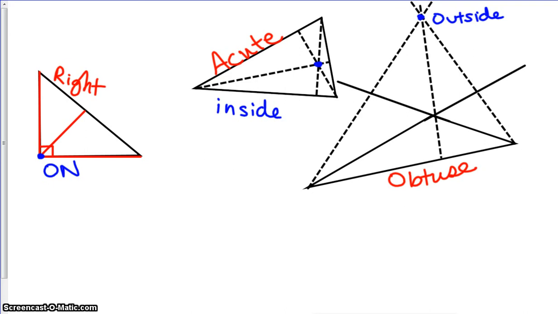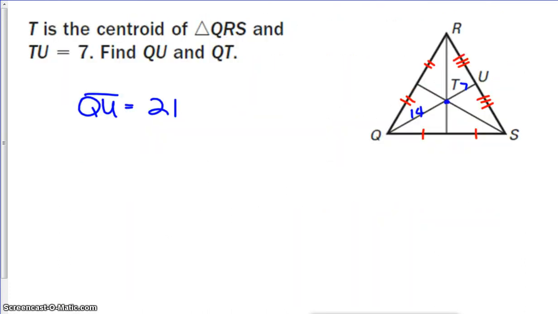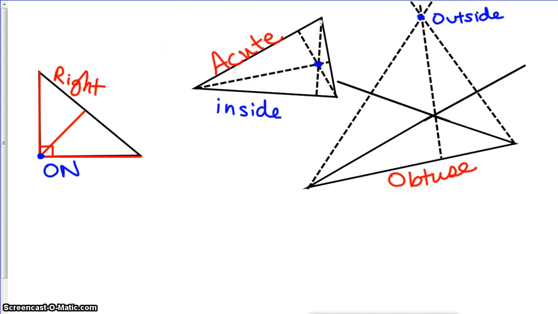Alright. So now you know the centroid had a fun fact, and we were doing some math with it, going back over to these problems right here. Well, the problem with the orthocenter is that currently there's no known mathematical application for it as of yet. Who knows? Maybe one of you guys will figure it out, and then you'll be teaching me something.